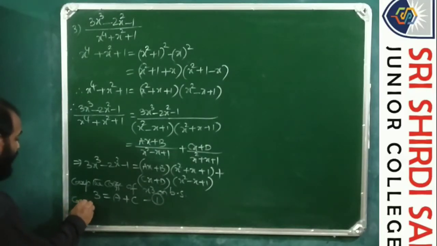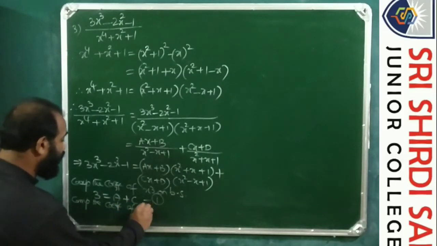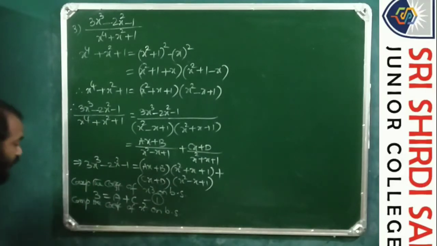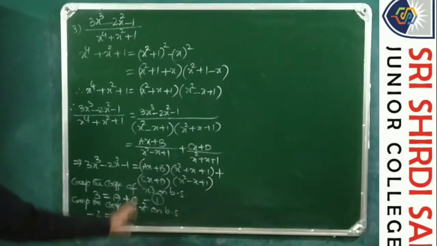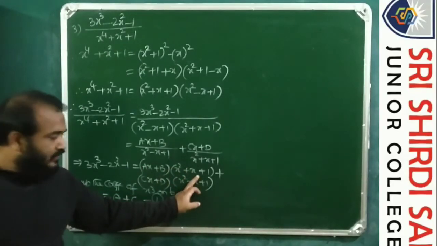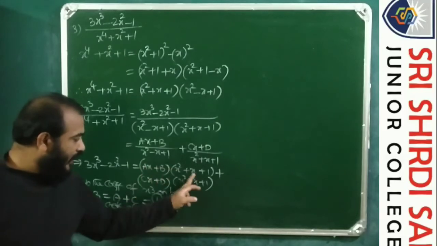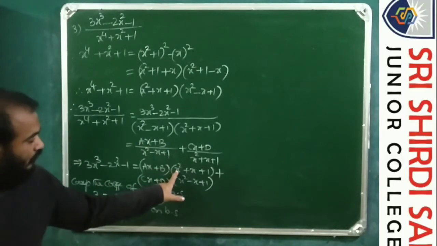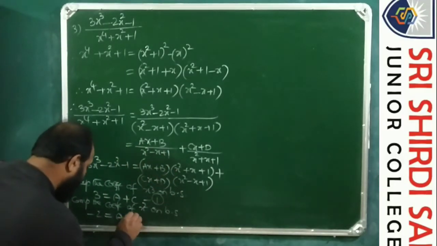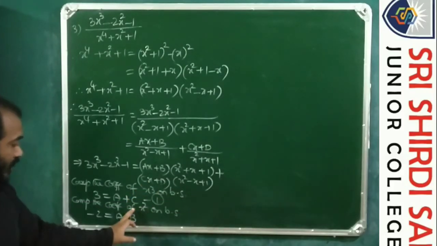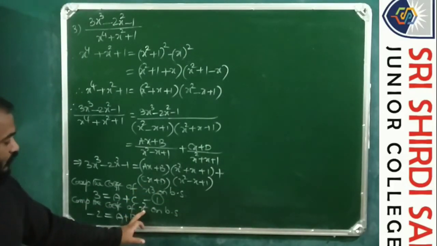Now comparing the coefficients of x square on both sides. So here x square coefficient is minus 2 is equal to ax into x, ax square, coefficient is a, b into x square, coefficient is plus b. Here cx into x square is cx cube, but we are taking the coefficient of x square, so leave it.